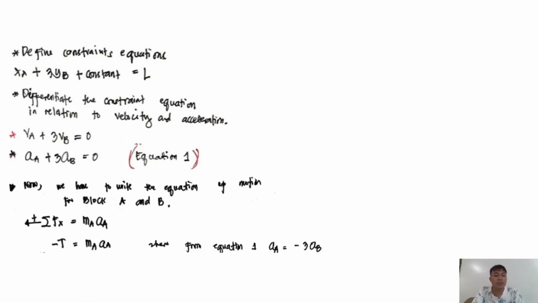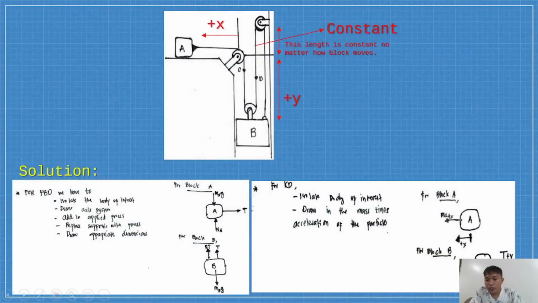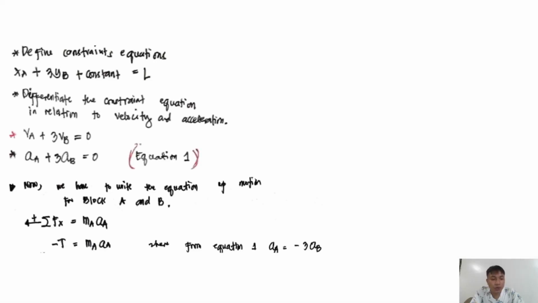So, now we have to write the equation of motion for block A and B. With the axis, the summation of forces in the X component is equal to MA, kasi dito, A lang naman yung X component natin. So, mass times acceleration A. Sa taas, meron din siya.